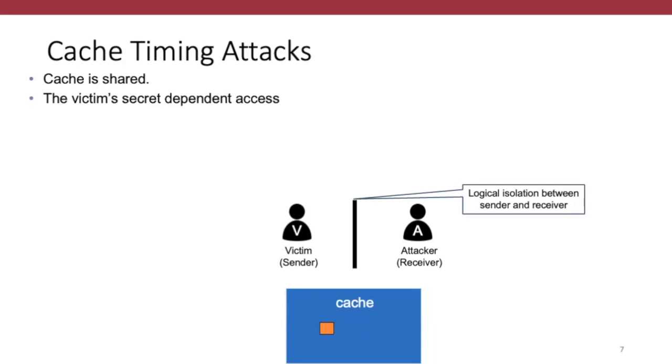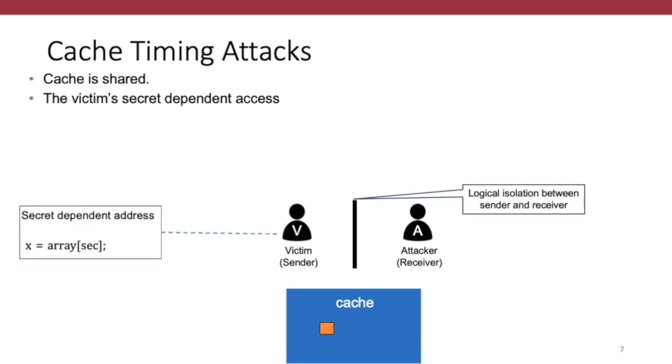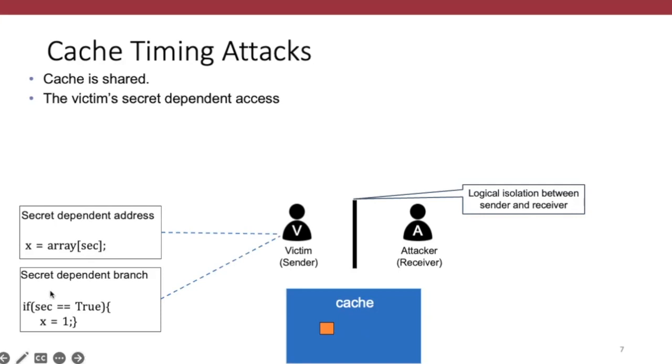And it's very common to see a victim application have a secret dependent access. For example, the victim is accessing an array where the index of the array depends on the secret, or you have a branch that depends on the secret, and where you access memory depends on which branch you take.